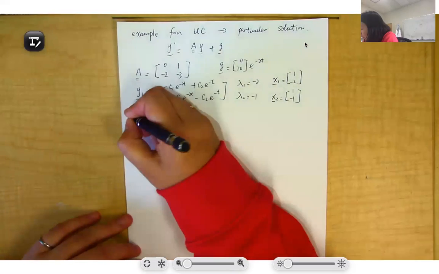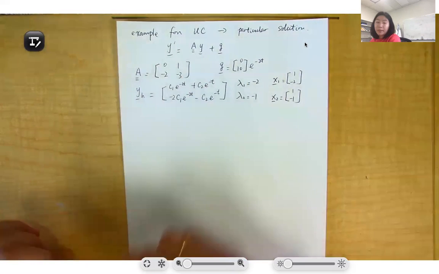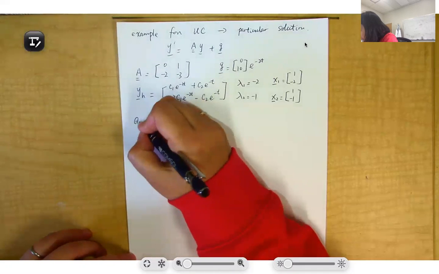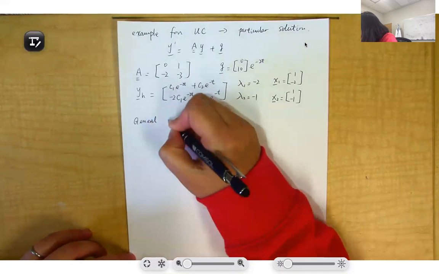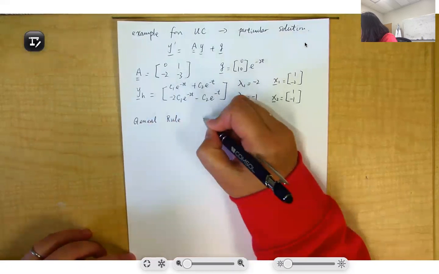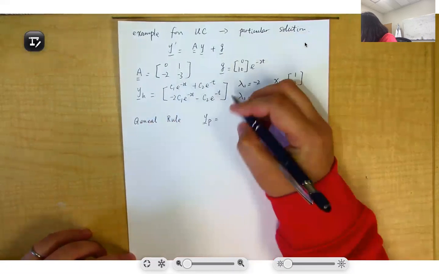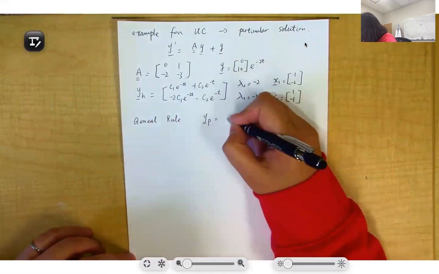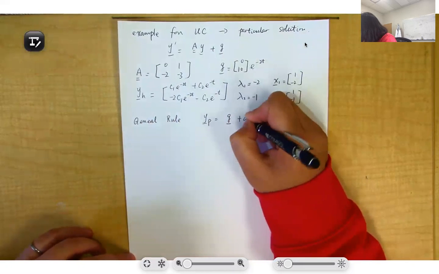Then we are trying to use undetermined coefficient to solve the particular solution, right? So through the general rule, the particular solution should look like the g plus all its derivatives.